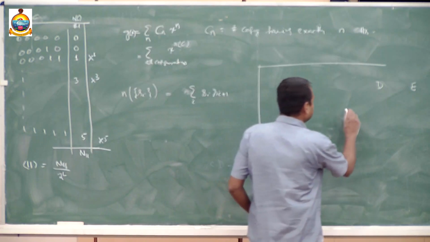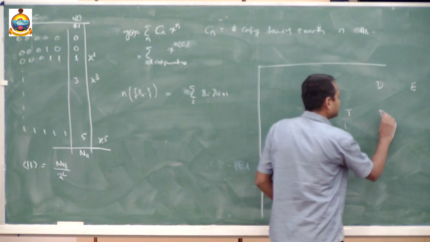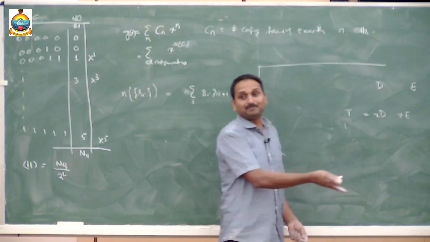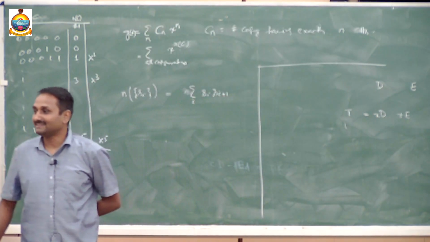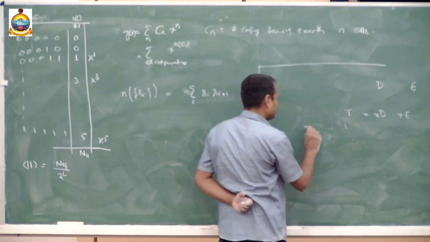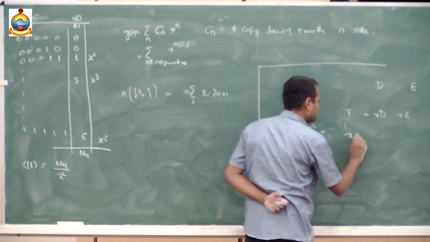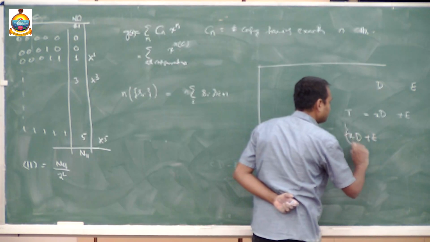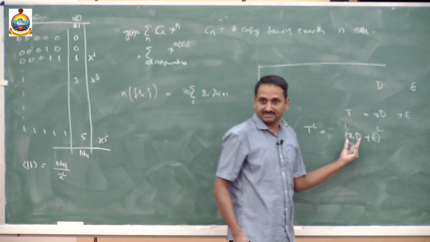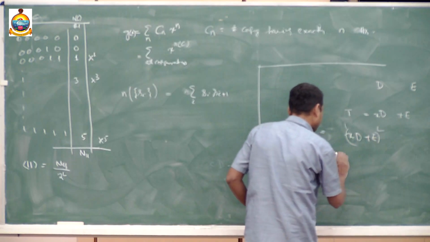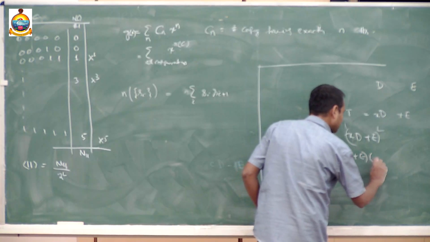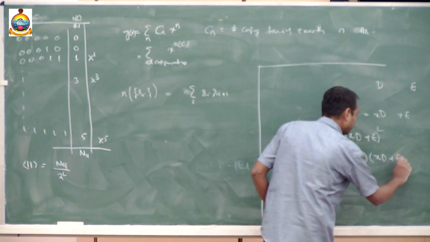So instead of writing T, which is D plus E, if I write T equal to xD plus E, then what will happen is that this x to the power n, so let us write that. So T to the power L is now (xD plus E) to the power L, right. So let us look at a configuration, x to the power L, so this is (xD plus E) times (xD plus E).